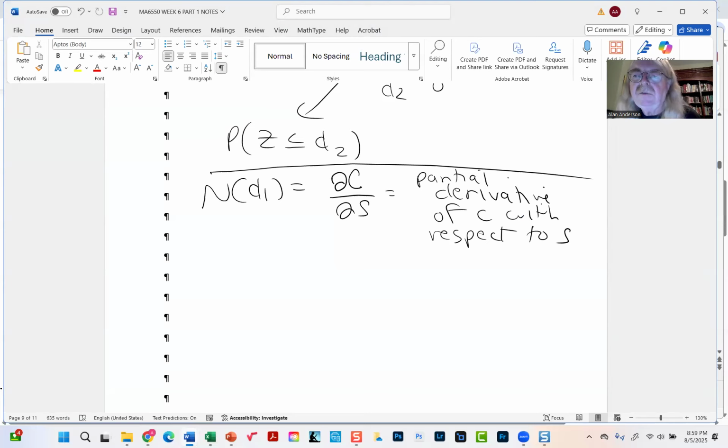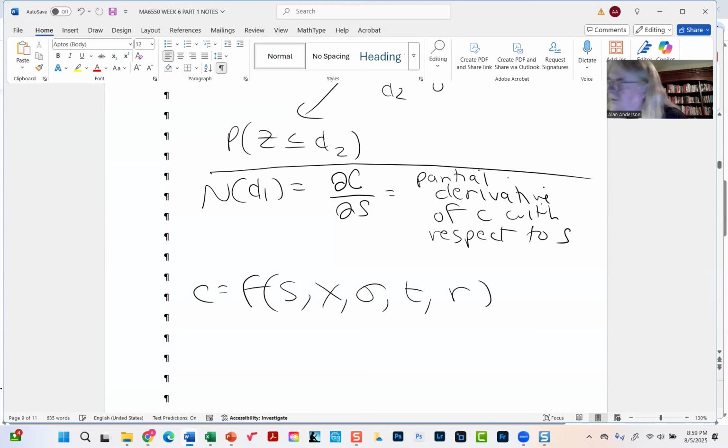Now, the reason why it needs to be a partial derivative is because the option's price is based on the stock price or asset price, the strike price, the volatility, the time to maturity, and the R. So therefore, when we calculate this, we're holding all the other variables constant. And this has a specific name in option pricing theory. This is often referred to as the option's delta. Now we're going to see more of that later on in this chapter.